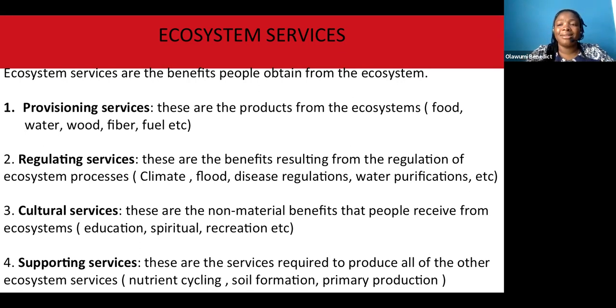These are natural and non-material. We can't really quantify it, but it's there, we benefit. Then there are supporting services. These are services required to produce all of the other ecosystem services that we have in the environment.